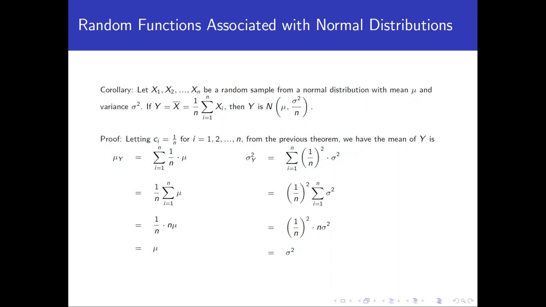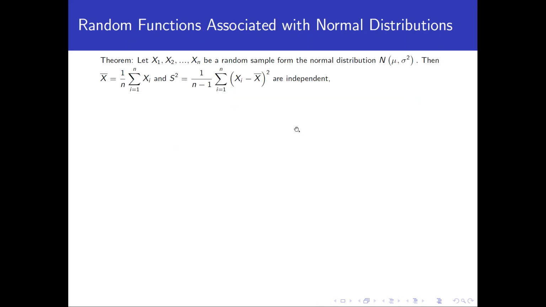You wouldn't get as much spread in the means, because even if you have a wider spread for a random variable, if you take a mean of things, some will be above and some will be below. You should be averaging things out. So you would expect the variance to go down, and that's exactly what's happening here with the n in the denominator.